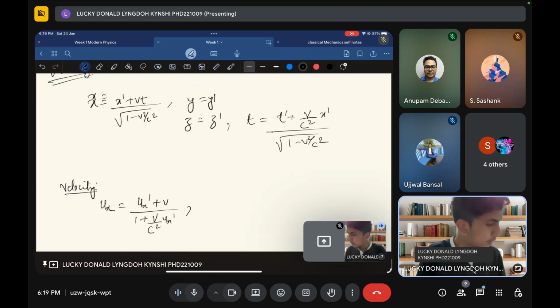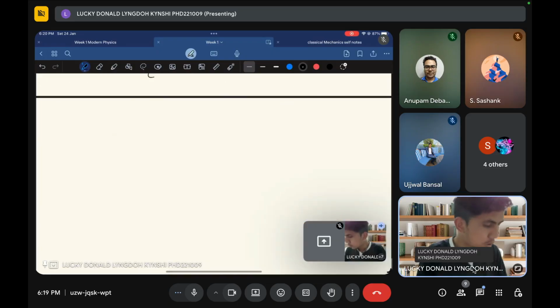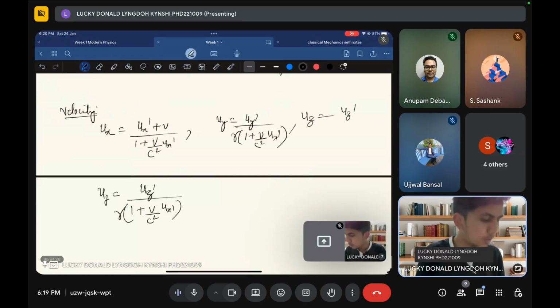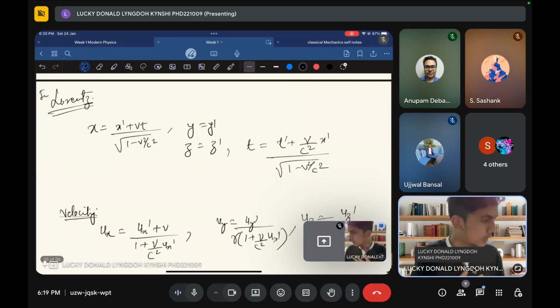And uy will be equal to uy prime over gamma times 1 plus v by c square u of x prime, and finally uz is equal to uz prime over gamma times 1 plus v by c square u of x prime. The gamma term is 1 by root of 1 minus v square by c square. I think you have already seen this one, so I will not discuss it in detail, but let's solve the problems.